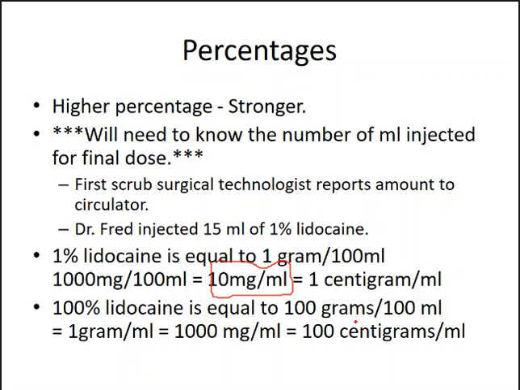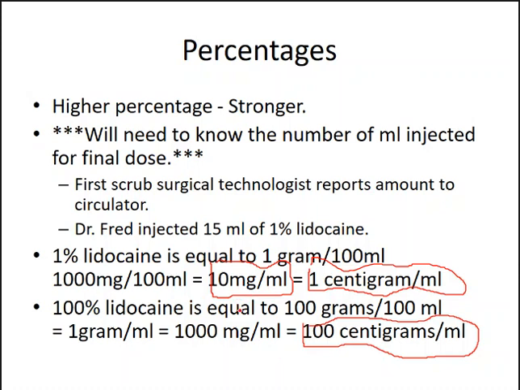Now, I did also put centigrams in here, which is something we never really use. But I think since it's done in hundreds, it makes it look a little bit clearer. So your 100% would be 100 centigrams per milliliter. 1% is 1 centigram per milliliter. 2% would be 2 centigrams per milliliter. And so it's just easier to see where the hundreds comes in by looking at it that route.